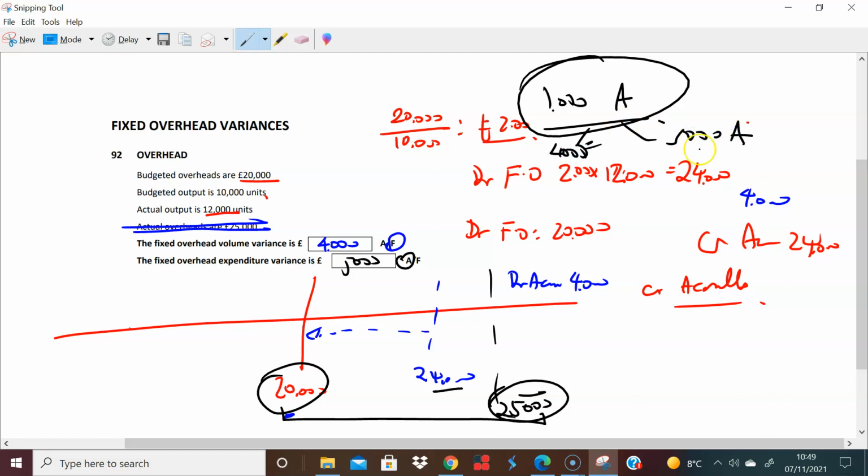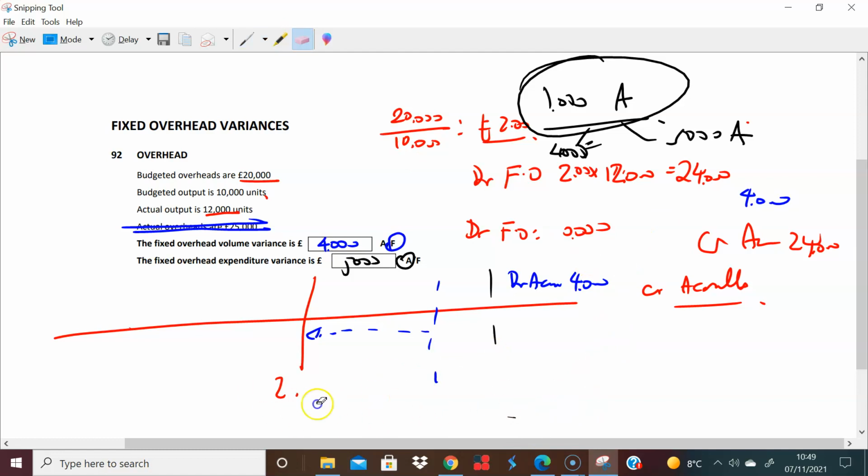But the way to think about this, and I'm going to use this as a teaching question, is that I need to first sort out my accounts and bring everything back to the original budget of 20,000. And that's your volume variance. Then you compare that budget with what actually happened, and that becomes your expenditure variance.